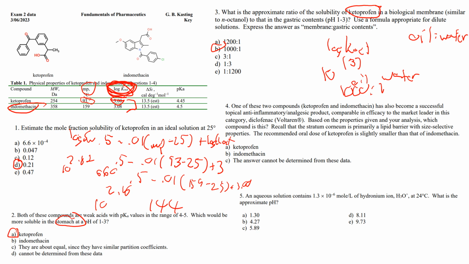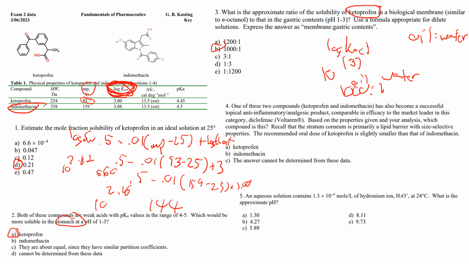Next up, we have this problem. One of these two compounds has also become a successful anti-inflammatory based on the properties. Which of these is most likely better at this? It comes down again to essentially the same kind of question as question 2. It's trying to throw you for a loop. All it's trying to show is that log K-oct is not that important in solubility. There are other factors that also go into solubility, like the size of something being able to cross the membrane.